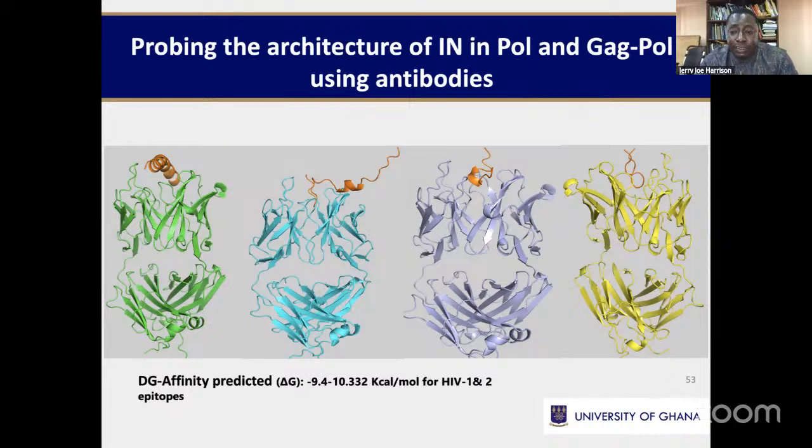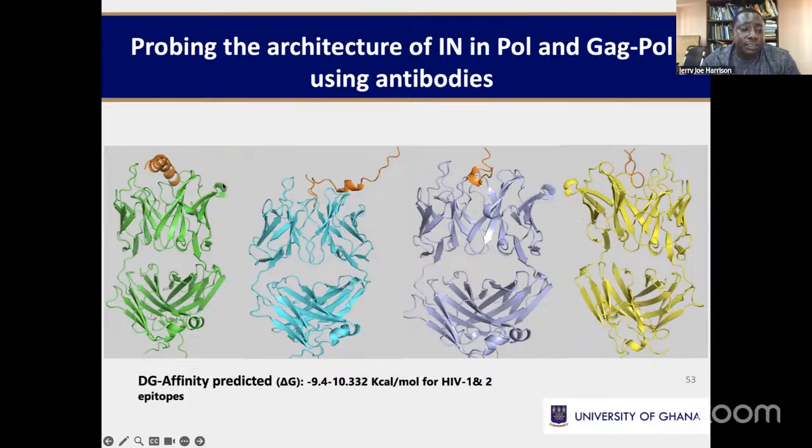So some of the work that we've done recently is using known templates to design FABs, and then using computational algorithms to design epitopes, and design CDRs that will bind the various epitopes that we have in GAG and GAG pole, because that's what we are trying to study, and then see whether we can validate these things through experimental work.